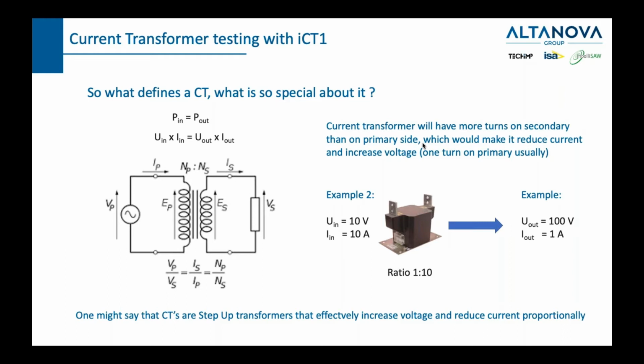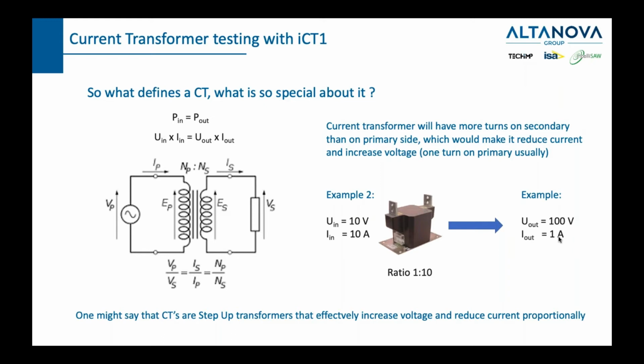As in example number 2, if we have 10 volts and 10 amps, and now we don't have a ratio of 10 to 1, but 1 to 10, on the secondary side we will have 100 volts and only 1 amp. So one might say that current transformers are step-up transformers that effectively increase voltage and reduce current proportionally.